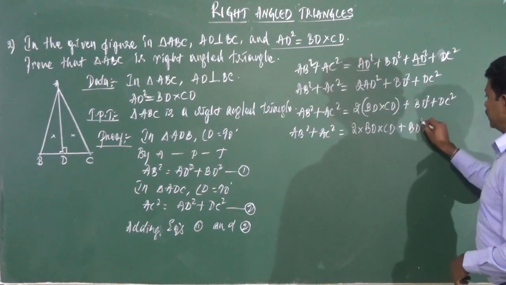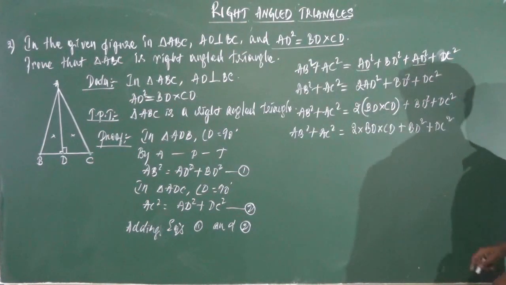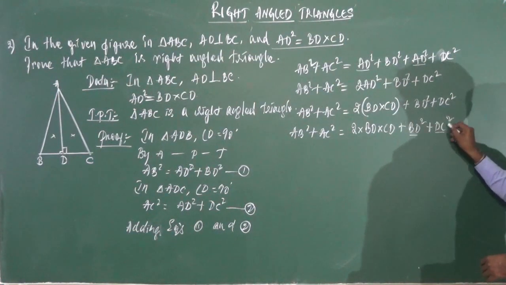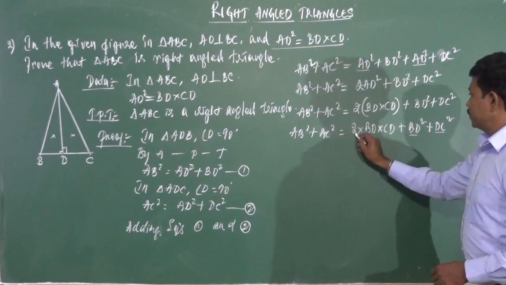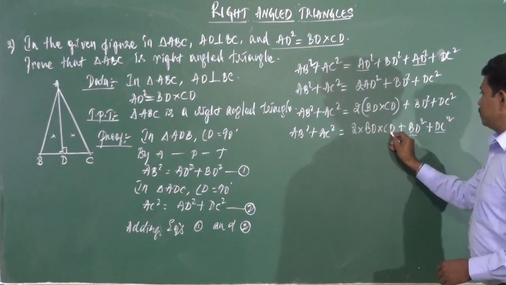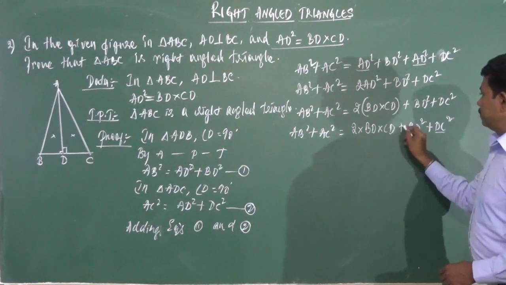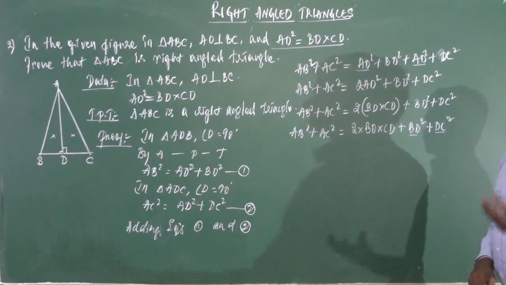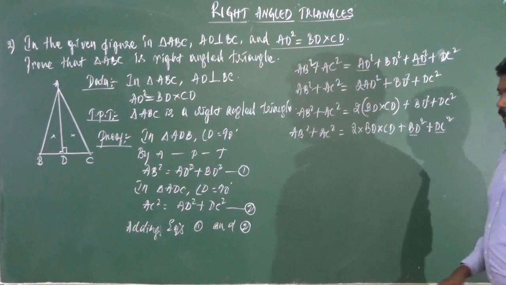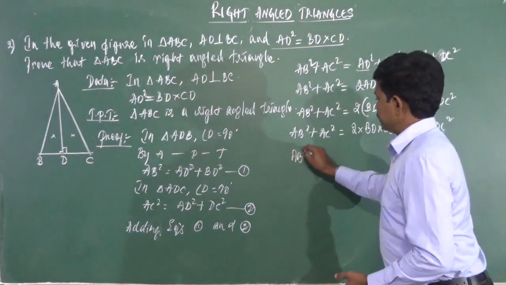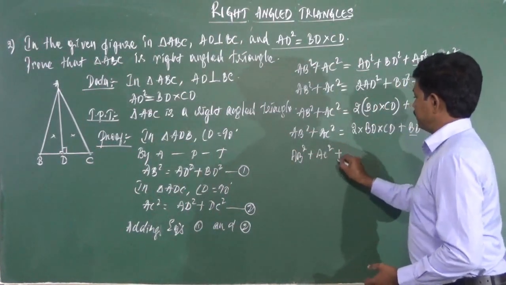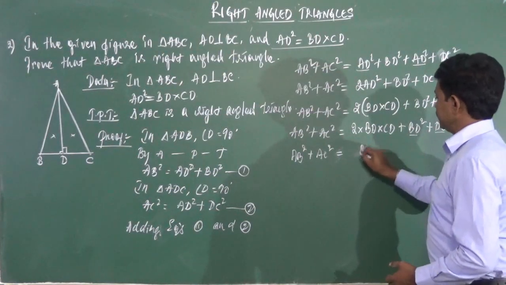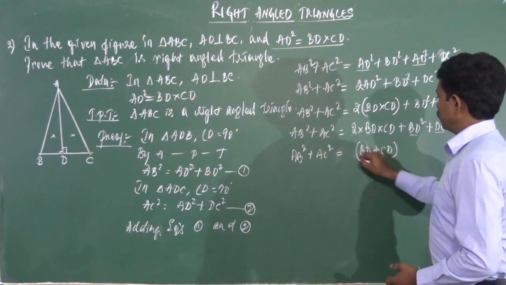So this is in the form of A square plus B square plus 2AB. A square plus B square plus 2AB can be written as, very simple, A plus B whole square. So AB square plus AC square is equal to BD plus CD whole square.